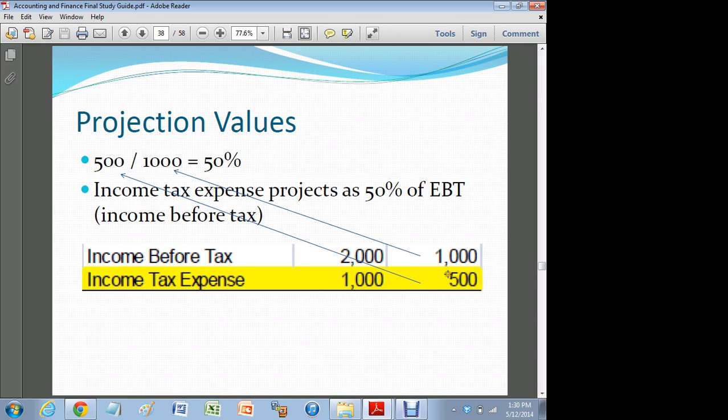From the same column, you take the income tax expense divided by the income before tax, because both of those terms refer to a specific period. And similarly, you use that percentage to project your new values.